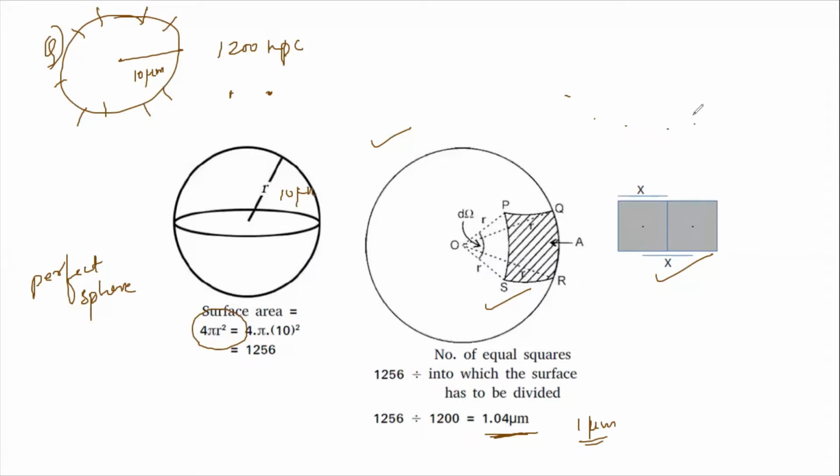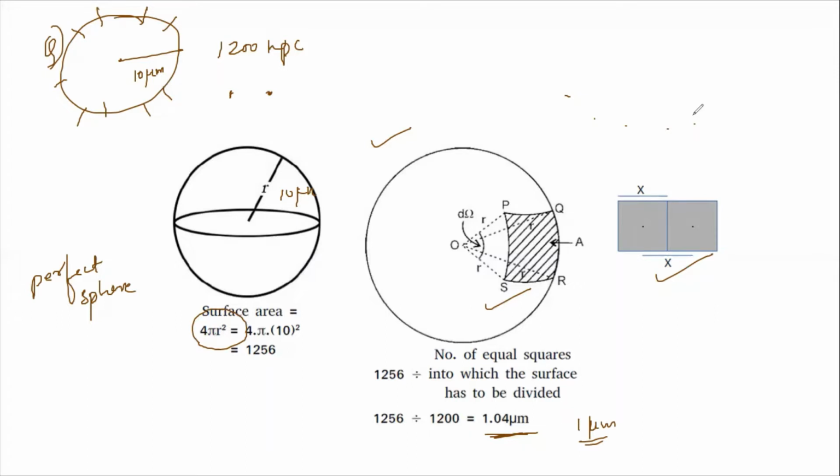He said that the 1.04 micrometer is nothing but the space occupied by a single nuclear pore complex, whereas you need to find the distance between two nuclear pore complexes. So we took it as pi r square, the area of the circle, that is a nuclear pore complex.